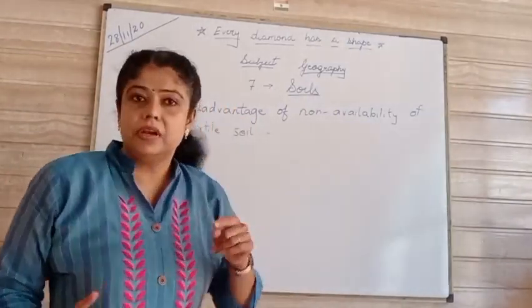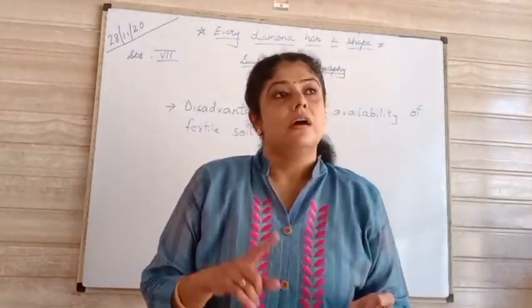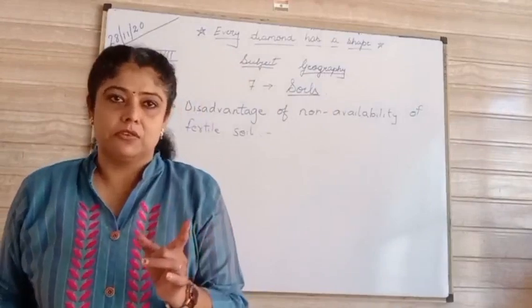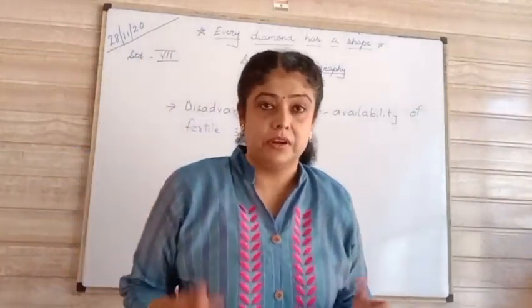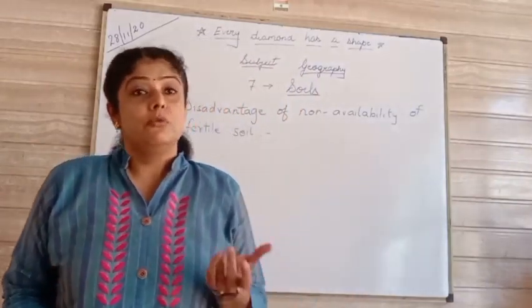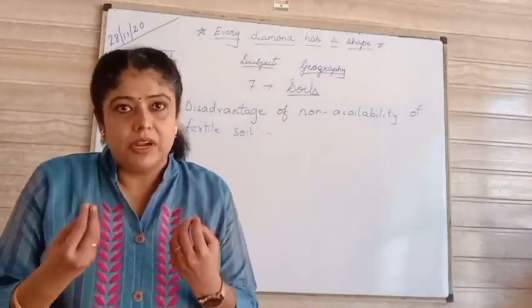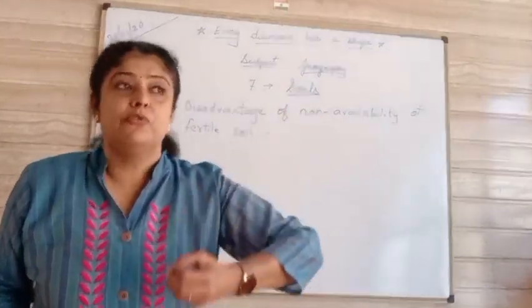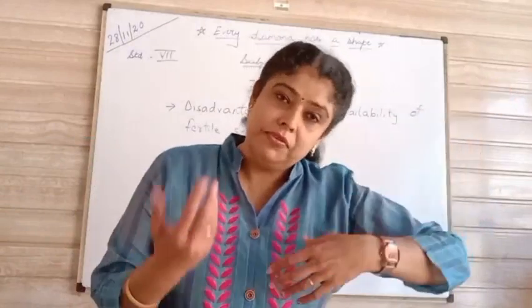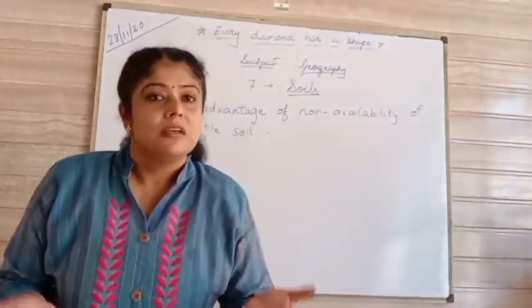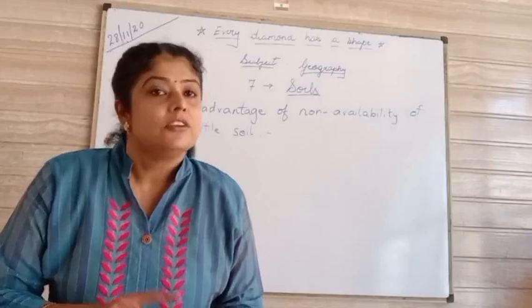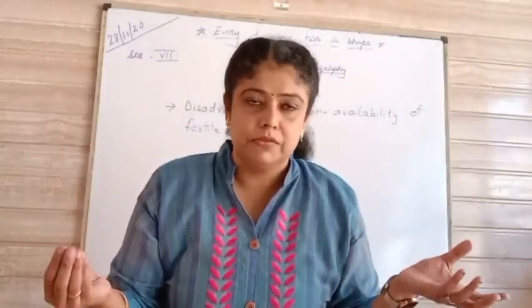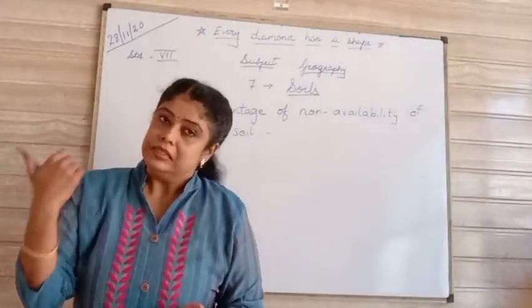For example, countries like Saudi Arabia, Oman and Qatar have infertile soil, meaning the soil is not at all fertile in these regions. People need food there, so to meet their food requirements they have to import food from other countries, self-reliant countries like India, China and the USA, to feed the large populations of their countries.